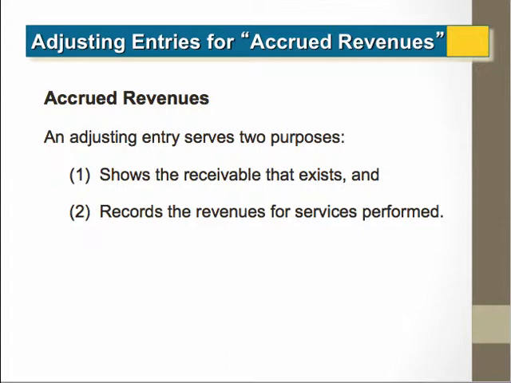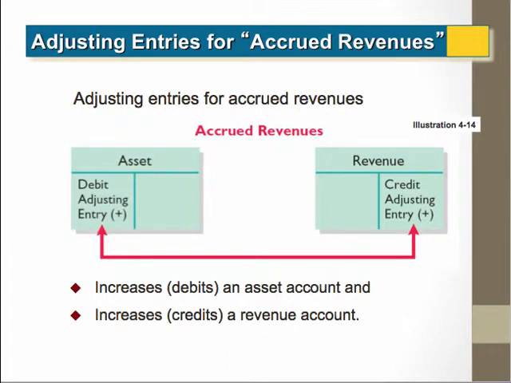So an accrued revenue adjustment shows that the receivable exists and that we've also earned the revenue. So from a T account standpoint, we would need to make an adjusting journal entry to increase the revenue account with a credit entry, and we'd have to increase the receivable in the asset account with a debit entry.